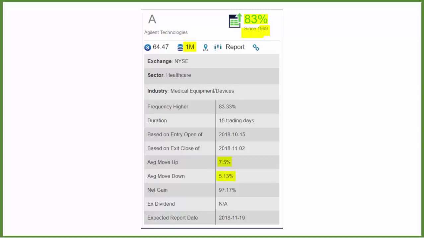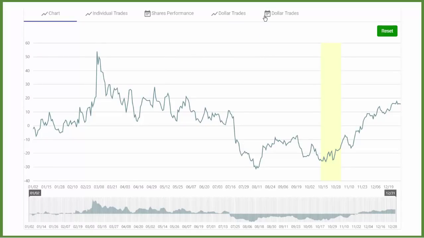Agilent has very good stats at 83% going back to 1999. The average move up 7.5% compared to the average move down of 5%. Good volume at 1 million. So the initial stats here show me that this is a good opportunity. So what I'm going to do is I'm going to, again, click on the report, and I'm going to scroll immediately down to my composite seasonal chart, and I'm going to see that this is not the kind of opportunity that I want to get into on a short-term basis.